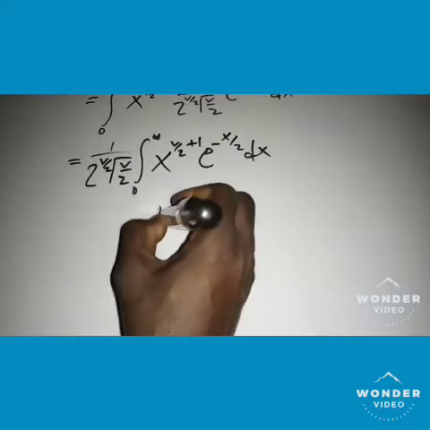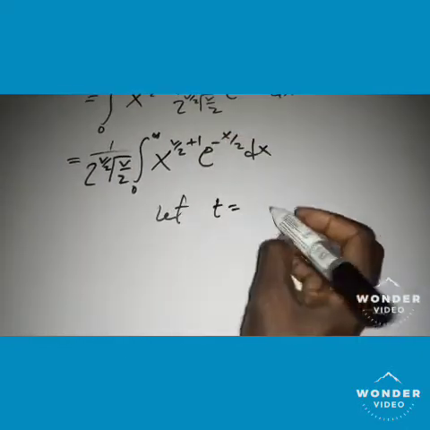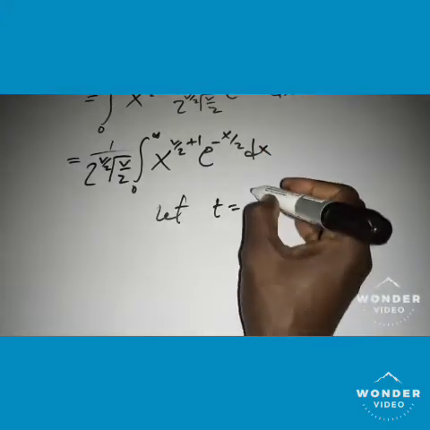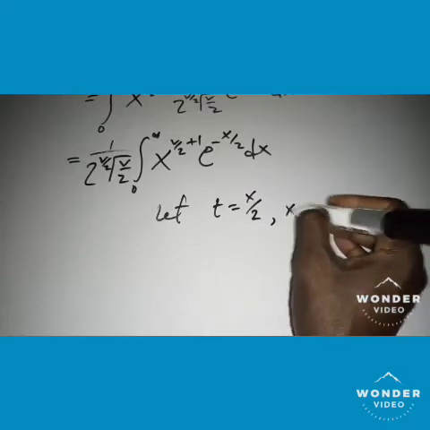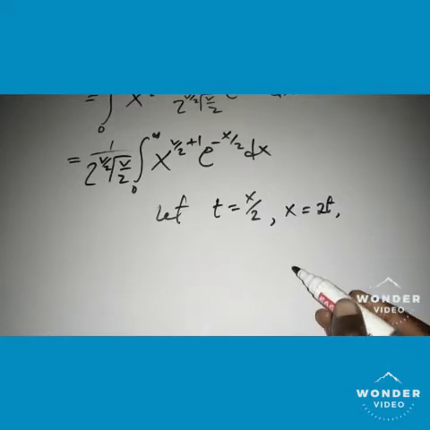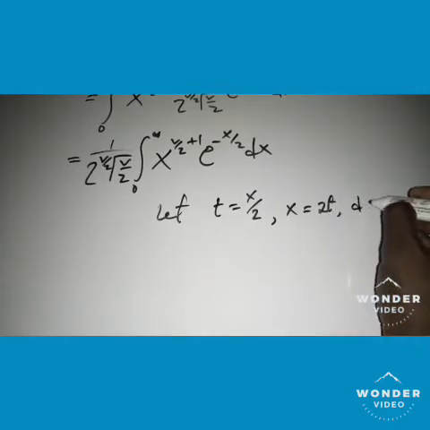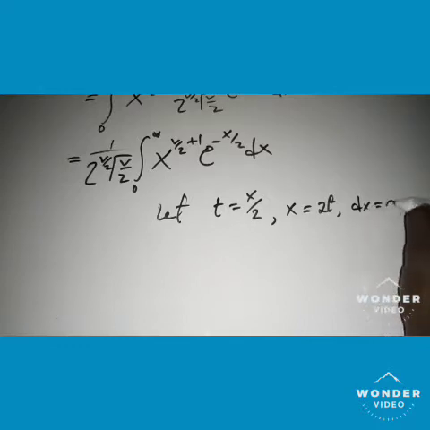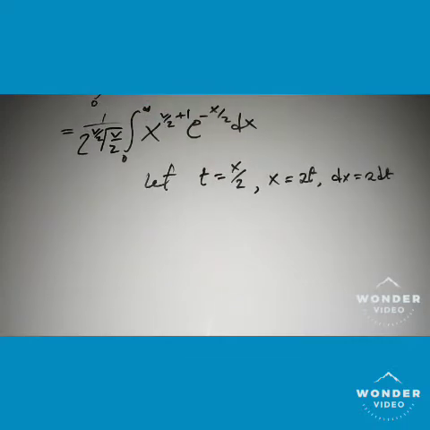So let t be equal to the power on e, that is x over 2, so that x equals 2t. As usual, differentiating x with respect to t, I will now have dx equal to 2 dt. Now we are going to substitute these new variables here.